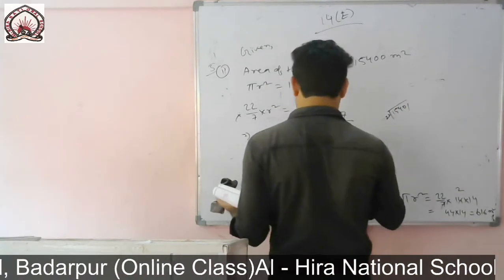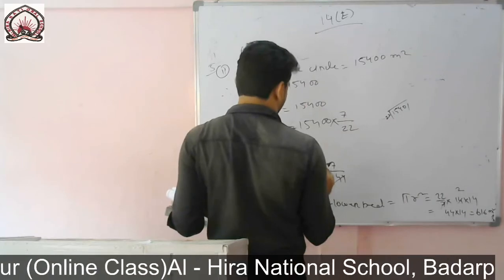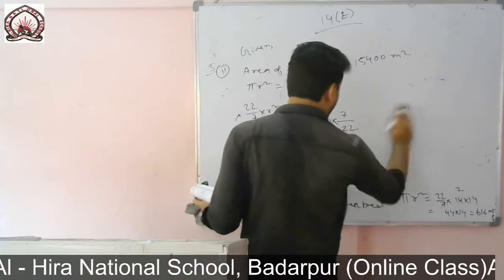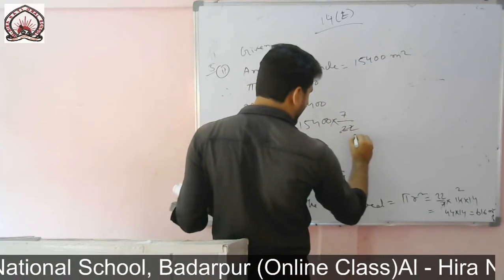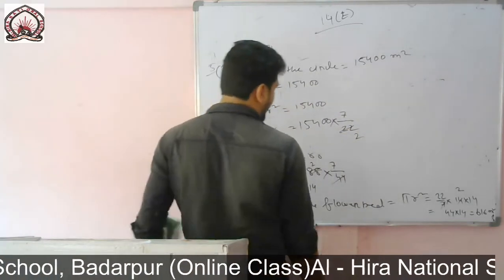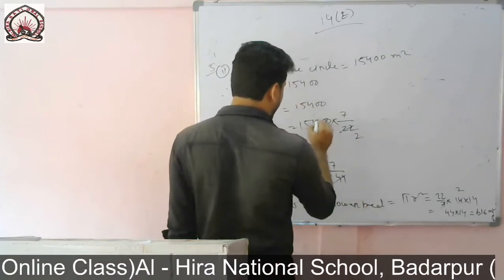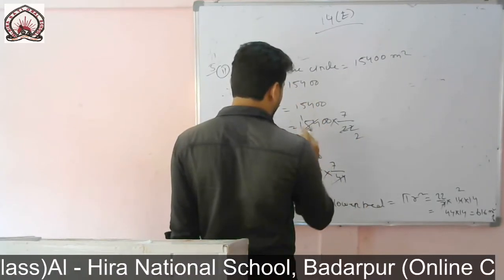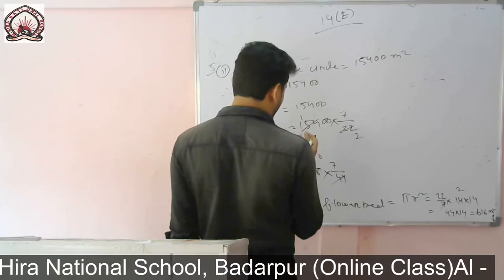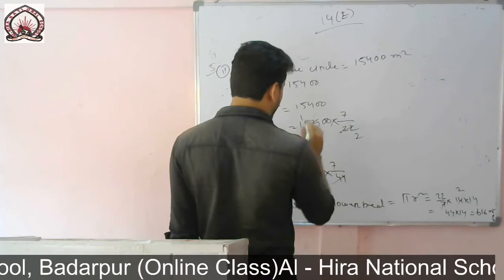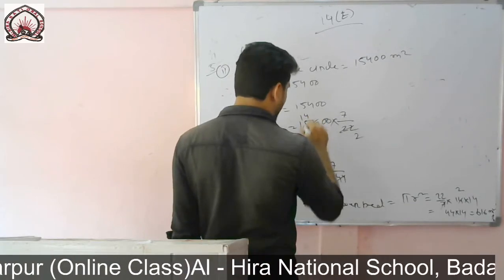Let us check with what? Yes, we can cancel with 11. This one, you see, 11 twos are 22. Here 11 ones are 11, 12, 13, 14, 15. Here remain 4.